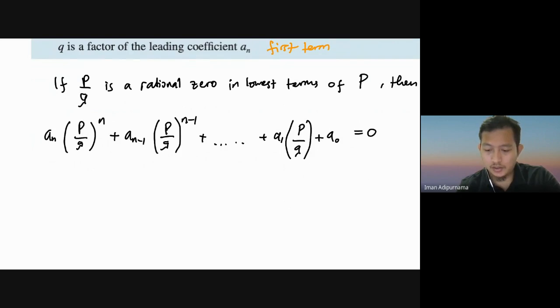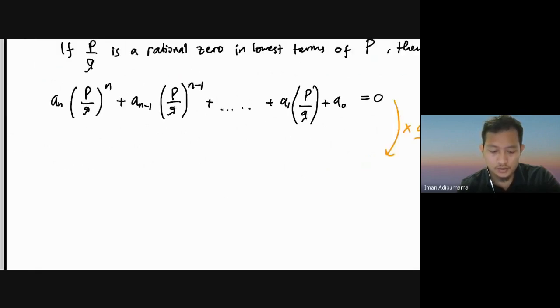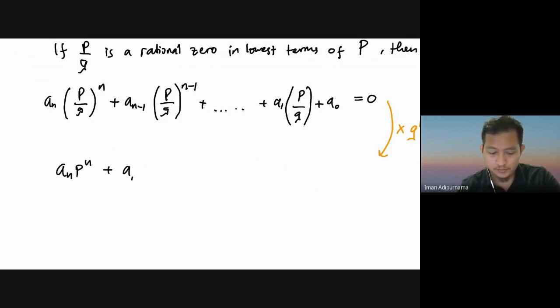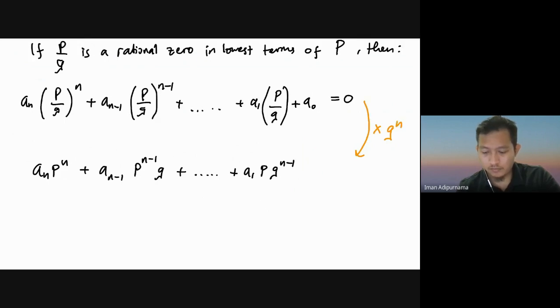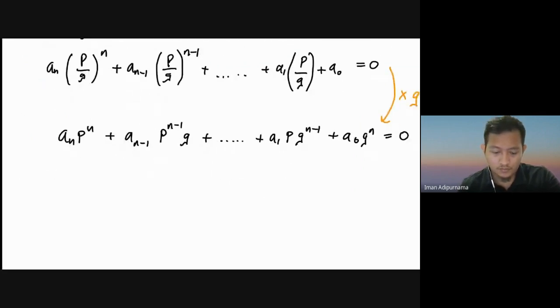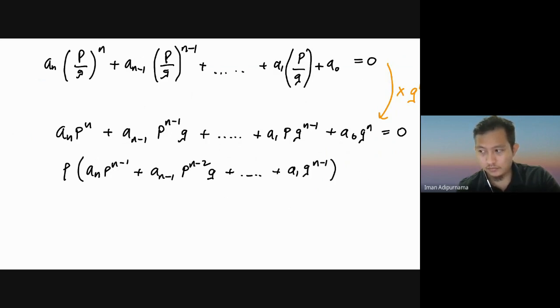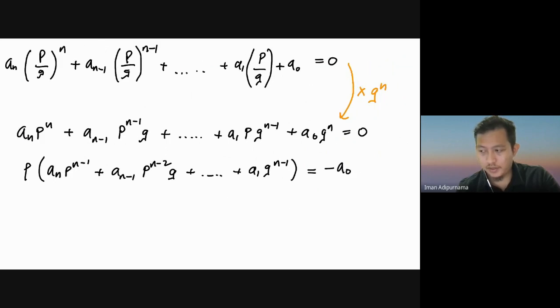And we multiply by q to the power of n. So we will have a_n p^n plus, and factorize the p: p times (a_n p^(n-1) plus a_(n-1) p^(n-2) q plus ...) should be equal to negative a_0 q^n.